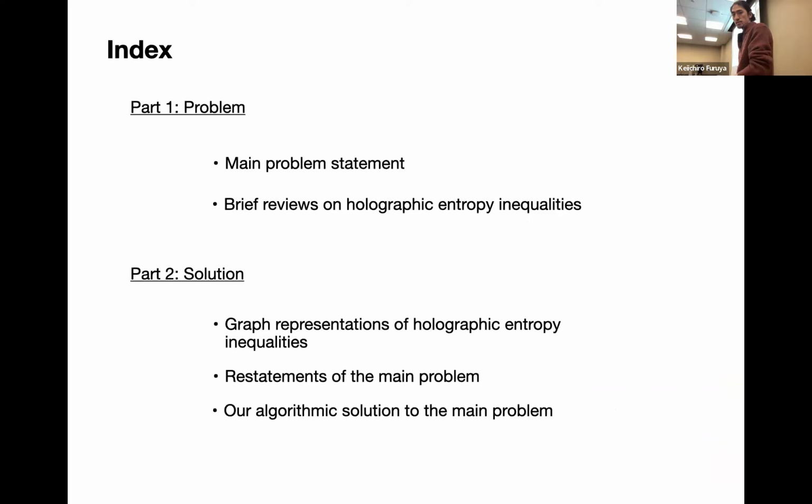In this talk, I have two parts. First, I will talk about the problem that I want to solve, and then second, I will give you the solution. For the first part, I will clarify what we really want to solve, and that was also an important contribution of this paper.